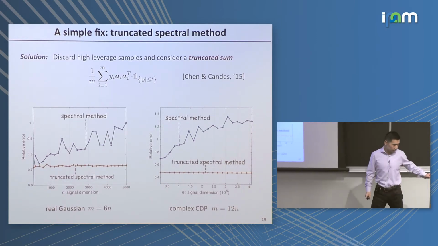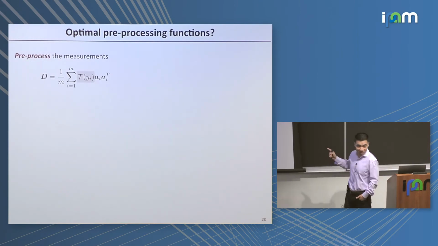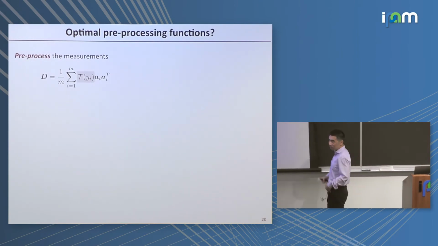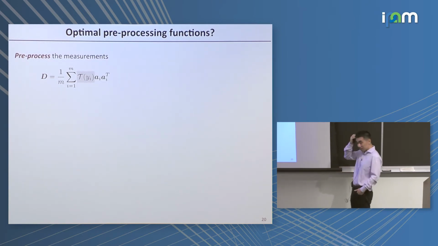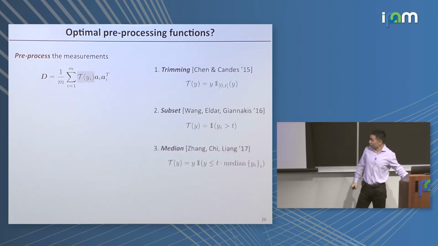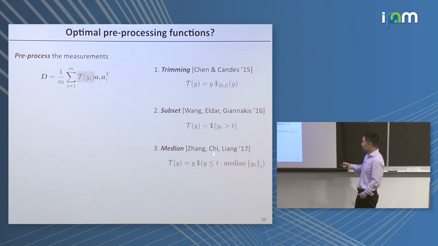So there's indeed an underlying limit. Yes, that's the point of this slide. Since now we know that it's a good idea to do something to y before forming this matrix, we can formulate this as a problem of designing T, right? And in the literature, there are some proposals. For example, this is the original version, and there are different kinds of versions.